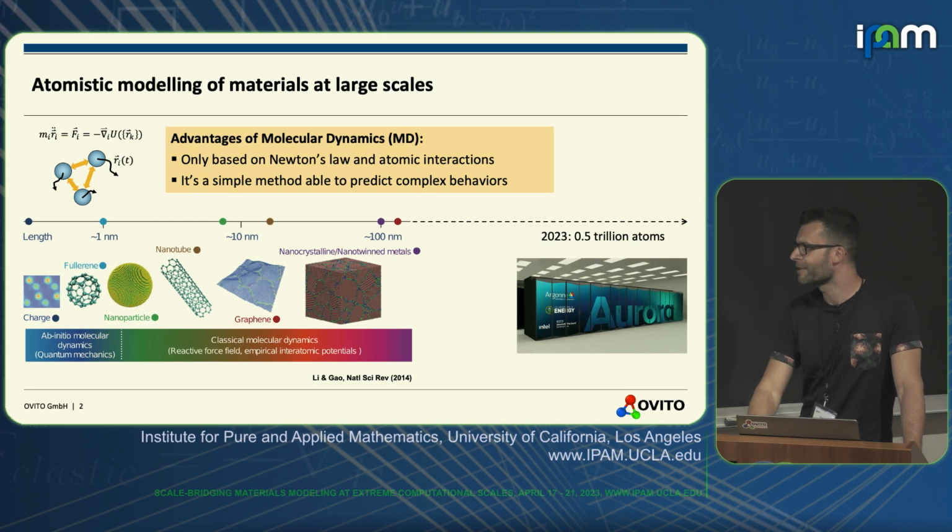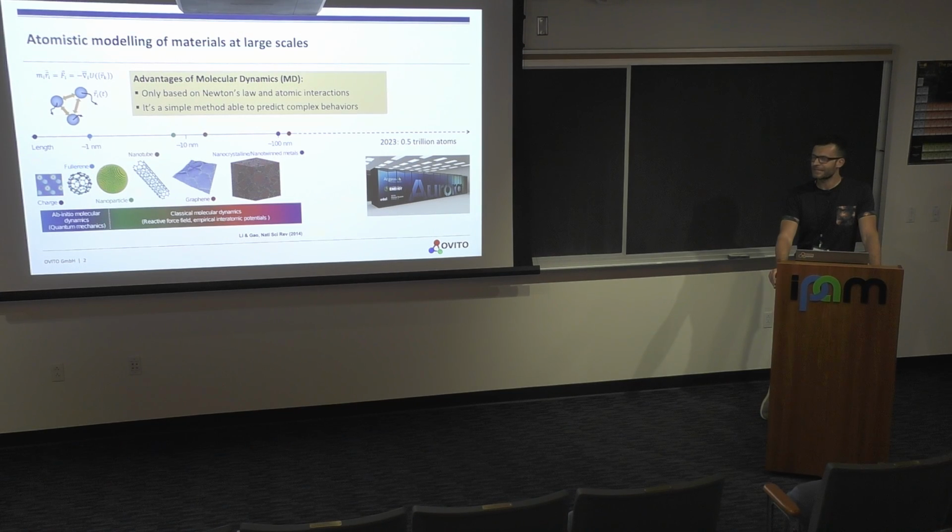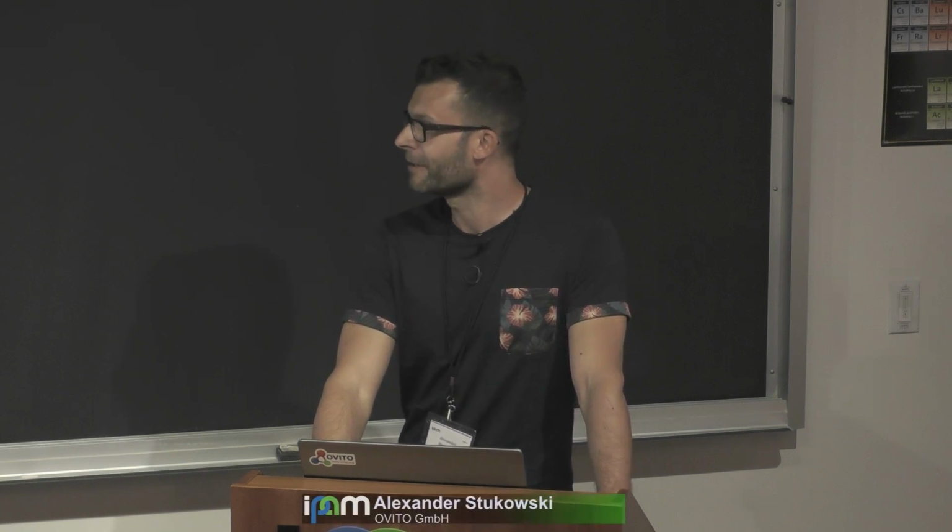You can use different models for that, of course, going from ab initio to classical potentials and machine learning potentials, depending on what you choose. Of course, you can simulate different system sizes, material structures with characteristic structure sizes.